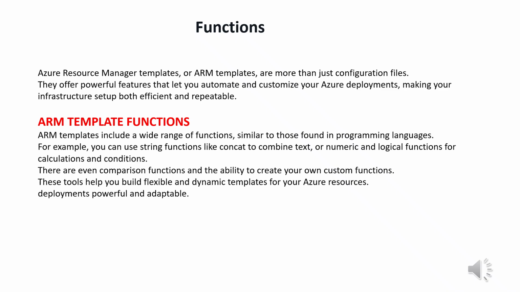For example, you can use string functions like concat to combine text, or numeric and logical functions for calculations and conditions. There are even comparison functions and the ability to create your own custom functions. These tools help you build flexible and dynamic templates for your Azure resources, making your deployments powerful and adaptable.